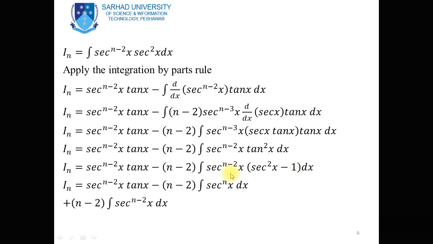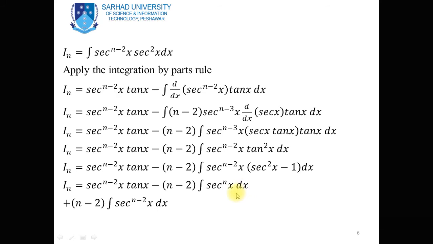Multiplying this term with 1, we have this term, and multiplying this term with secant square x, minus 2 plus 2 will be 0, so we have only (n-2) into the integration of secant^n x with respect to x.